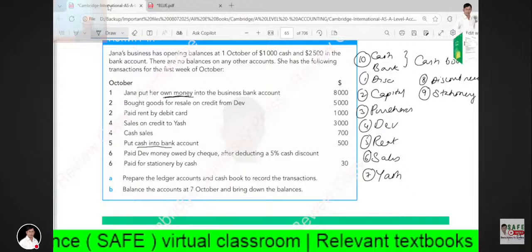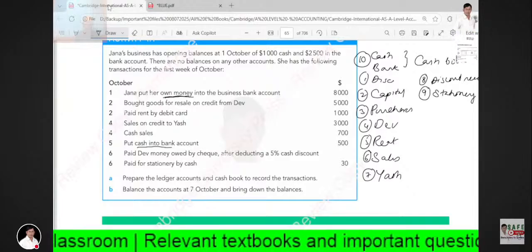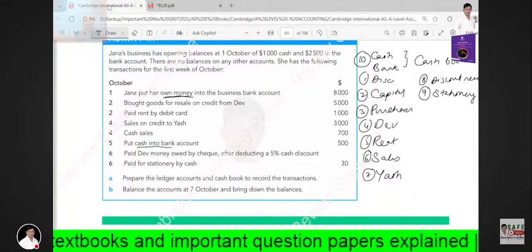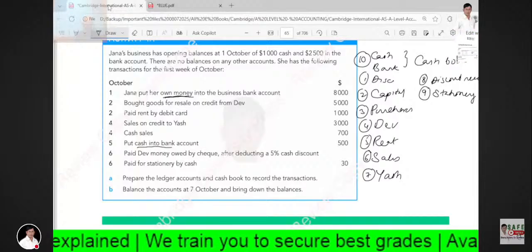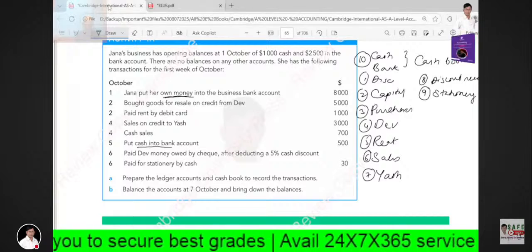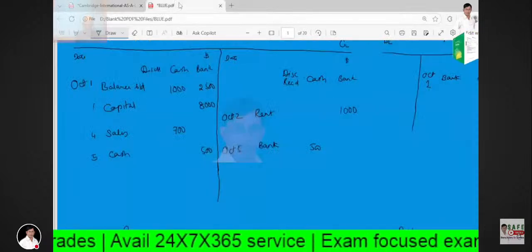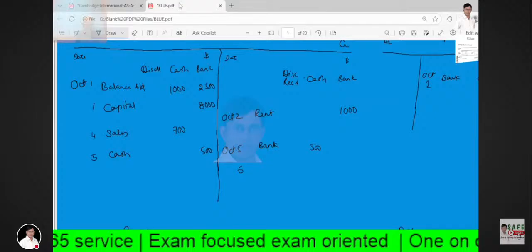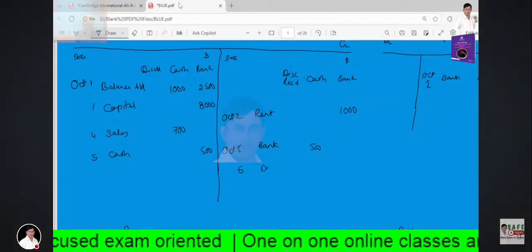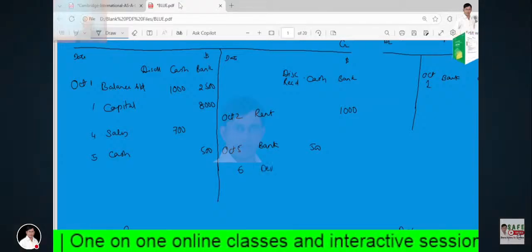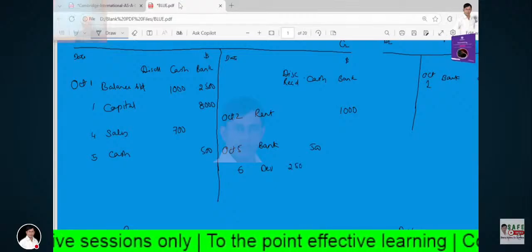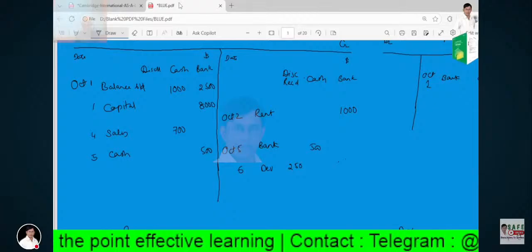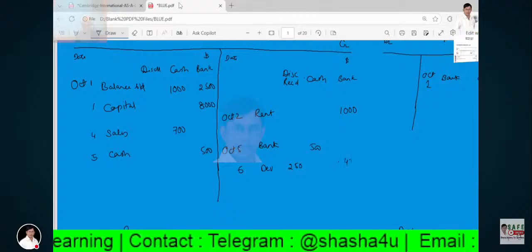So we have paid 4,750. Discount is 250. We have received a discount of 250 on 6th. Discount received is 250, and money is going from bank 4,750.